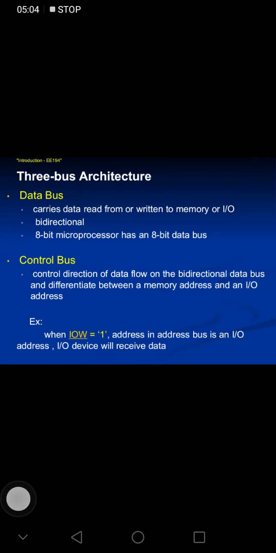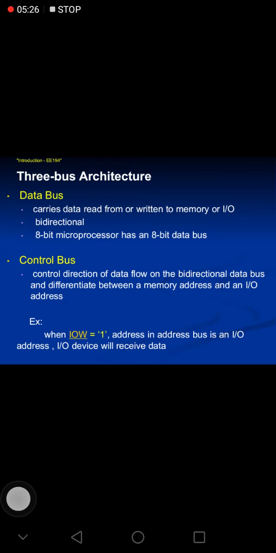So we have here the control bus. It controls the direction of data flow on the bidirectional data bus. Since the data is bidirectional, you cannot just input or output data arbitrarily, so you need control. That's why we have what we call the control bus.